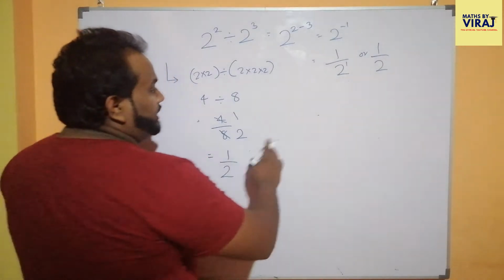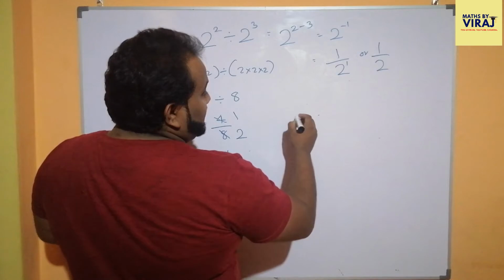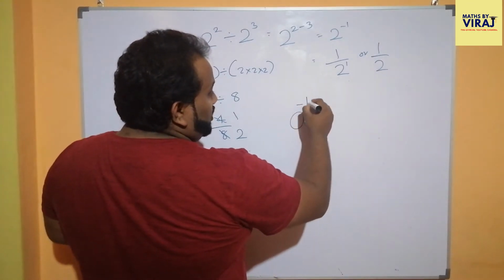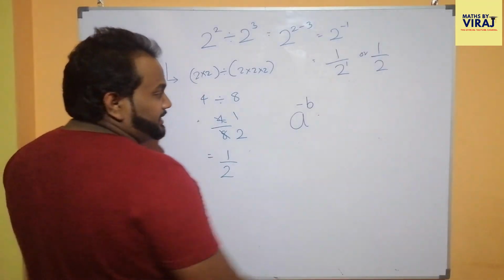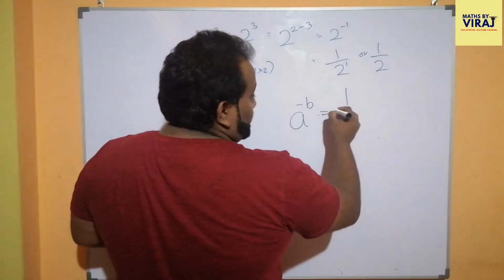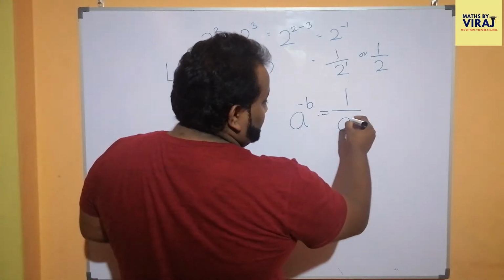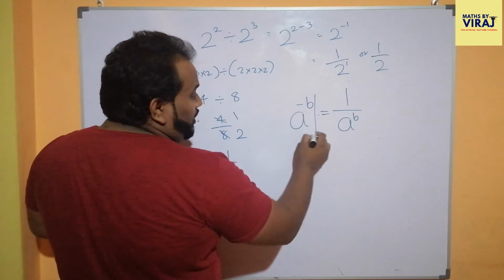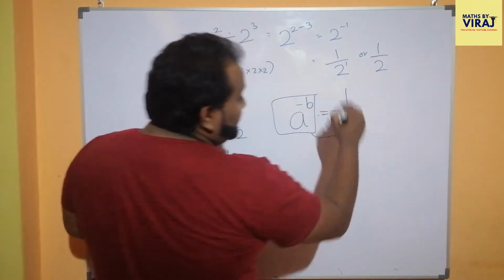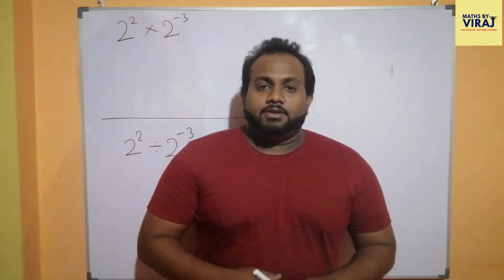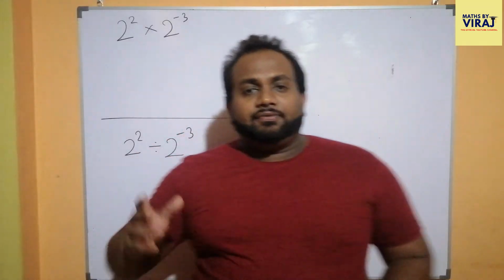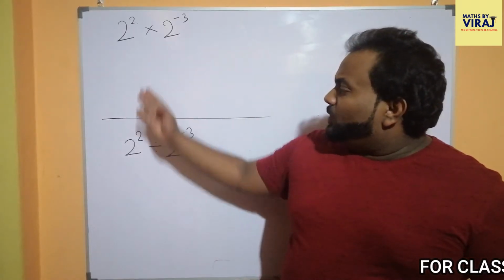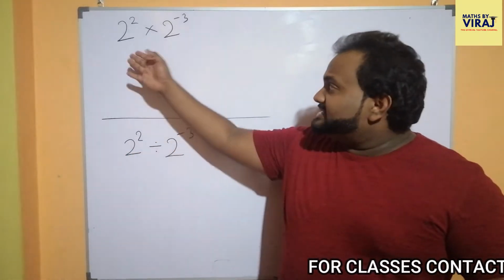Therefore, children, what you have to again remember is any number, if it is to the power of a negative number, you can write it as a fraction where the index of the power becomes positive and all of this becomes the denominator.